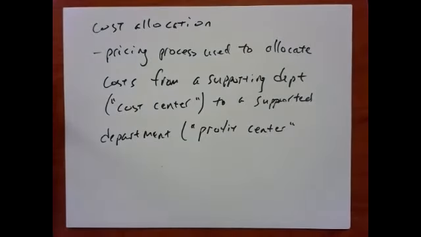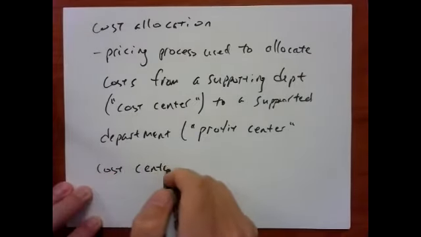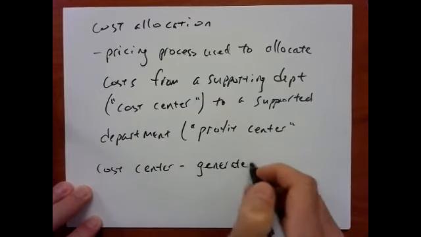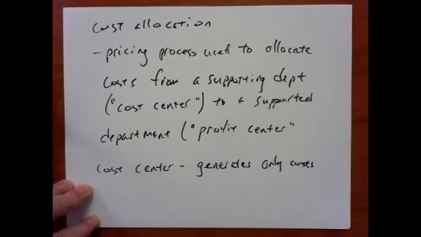Okay. So a cost center generates only costs. That doesn't mean it doesn't generate value in the sense that this is something the organization values, but it's a cost center because it only generates cost.